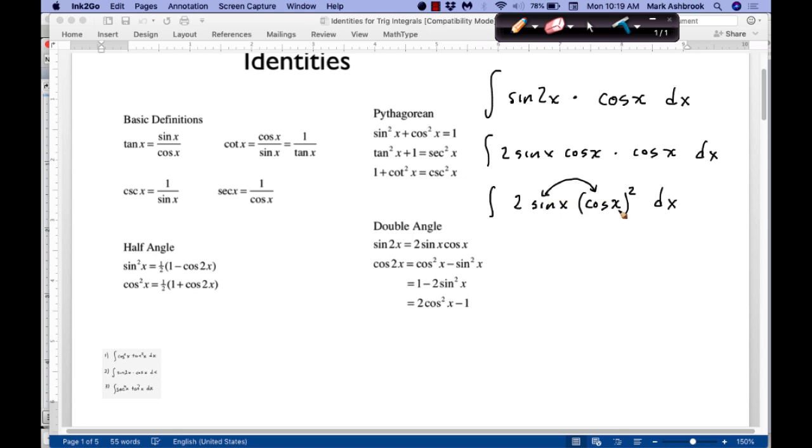Essentially, you got this composite function. Sine x is essentially the derivative of cosine x, which is the interior. That's what we need for undoing the chain rule. So, first attempt is what cubed? Cosine x cubed.